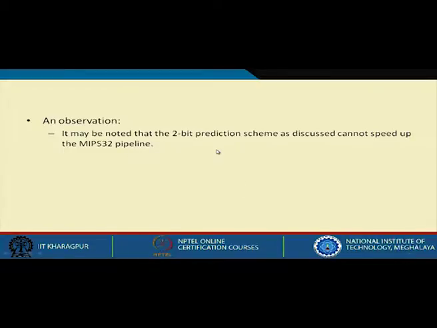Now, the thing is that for a MIPS 32 pipeline, you do not gain much with this, because, as I said, because of the simplicity of the instruction set and the simplicity of the instruction encoding, we will come to know everything at the end of ID anyway. We will know whether the branch will be taken or not taken.